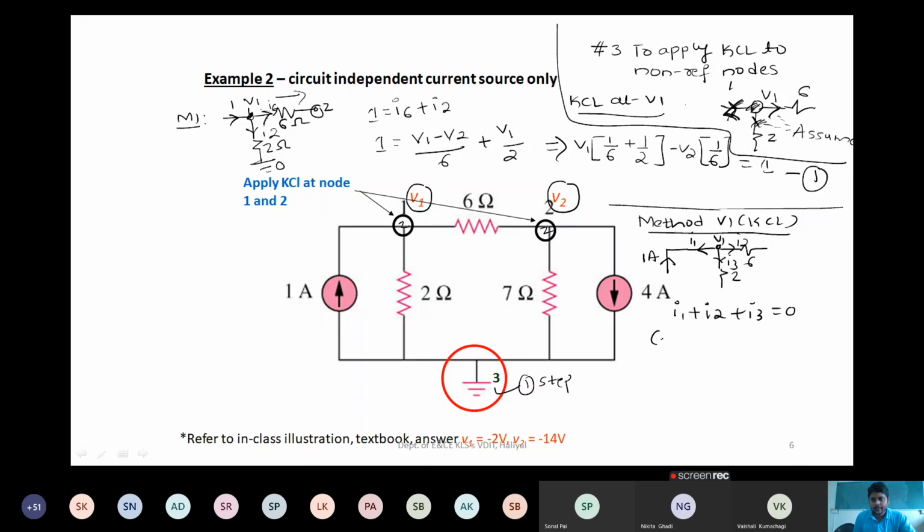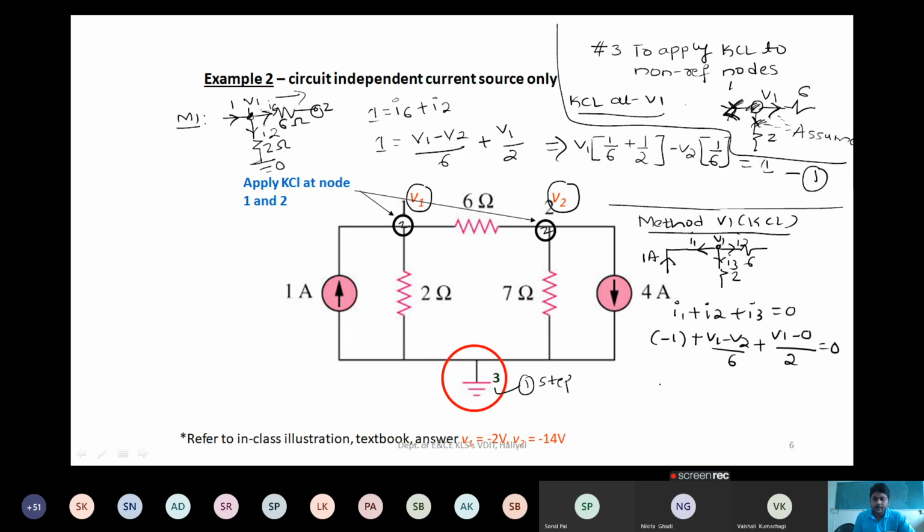So I can write it as minus 1 amp plus, directly I will write, V1 minus V2 divided by 6, this is I2, plus V1 minus ground, ground will be 0, divided by 2, equal to 0.